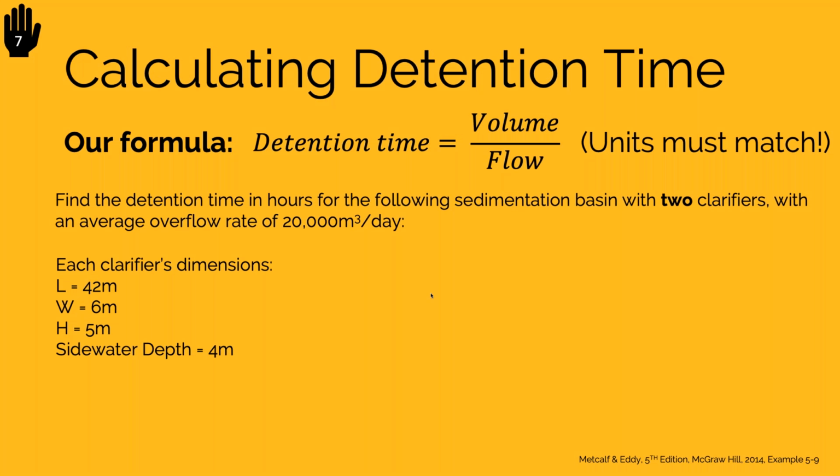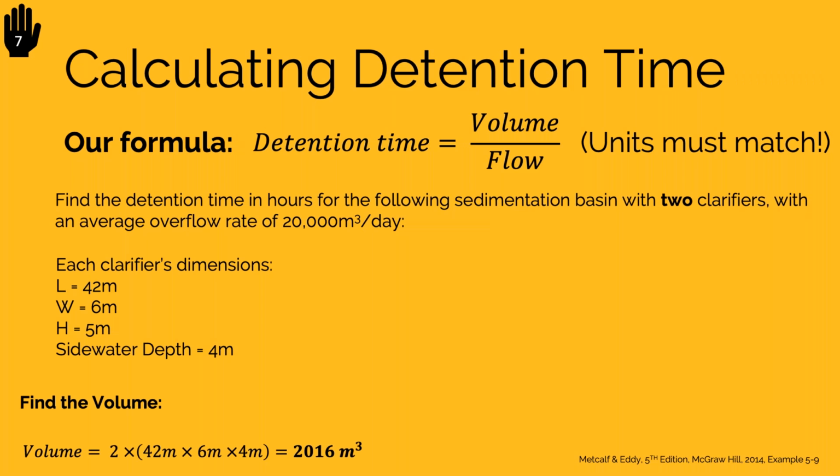This is, again, just to point out that you really need to read the questions closely. It's 1 basin, but it's got 2 clarifiers. So you were going to have to calculate the volume of 2 of these, not just 1. A little tricky here, but everybody got most of it right, and some of you got all of it right.